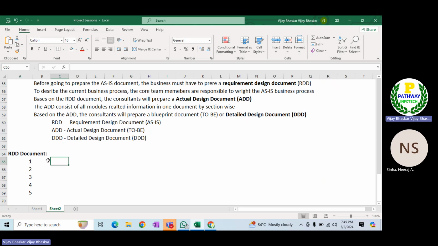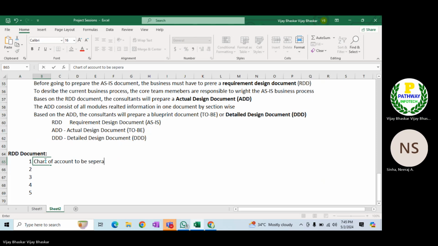The requirement design document consists of, let's say, the chart of accounts to be separate for each country. Let's say 10.